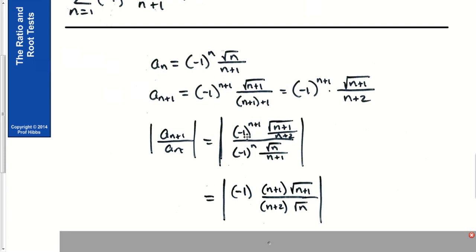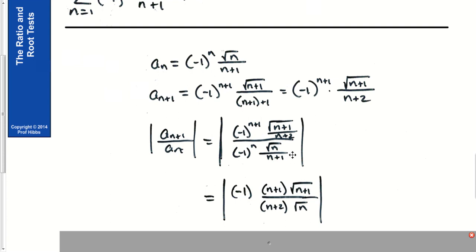I mean, it would be negative 1 to the power n plus 1 subtract n, which is just 1, isn't it? Another way to think of this is if n is an even number, up here we have an odd power, and so we'd have negative 1 over a positive 1, and vice versa. So regardless, this fraction is going to give us a negative 1.